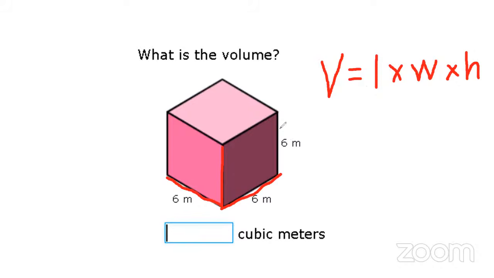Now, if the length is 6 meters, and the width is also 6 meters, and say the breadth is 6 meters, what would the product be here? 6 multiplied by 6 is what?